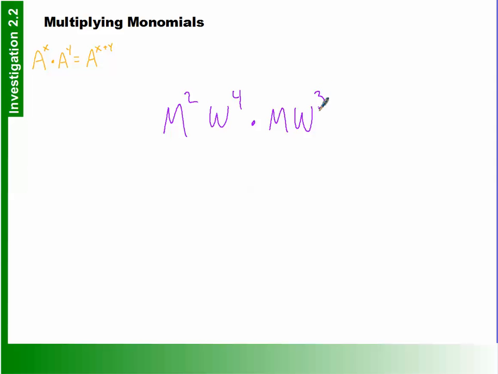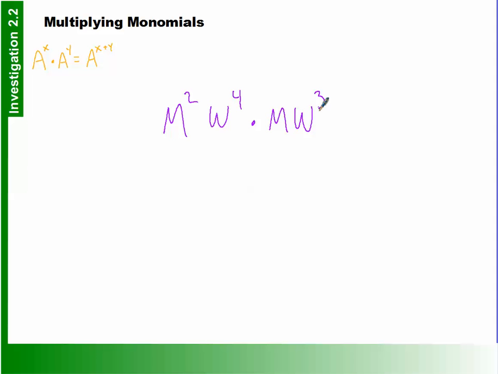Now we have two variables. We have m's and we have w's, and we're multiplying them together. Now we know that multiplication can be written in any order, and it's not going to change the answer. Because what is 4 times 5? 20. What is 5 times 4? 20. So that did not change the problem when we switched the order.